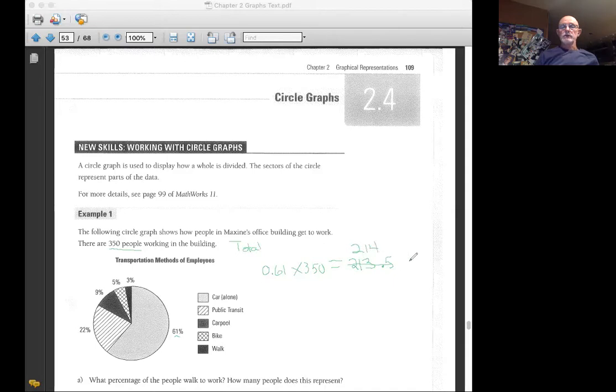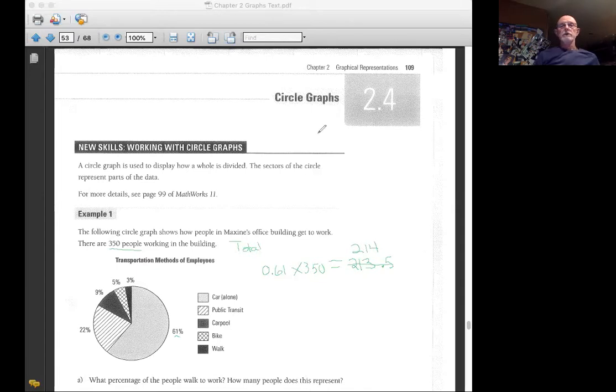Okay, the rest of this example, going on to the next page, page 110, is doing the same. You're just doing a whole bunch of them. And then once you have generated these numbers, you can compare how many people, more or less, used a certain transportation method.